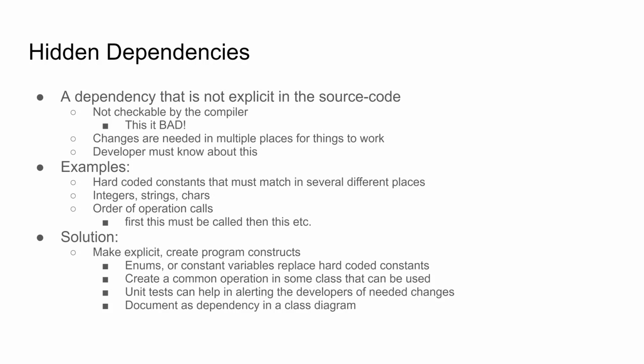And you can of course document this hidden dependency as a dependency in the class diagram and make it explicit, so that you can at least see that, okay, this is dependent on this in this kind of way, even if it's not an argument, a constructor call or a local variable or something like that. It is a dependency, and we need to remember that this dependency actually exists, and the compiler does not help us. So try to avoid hidden dependencies.